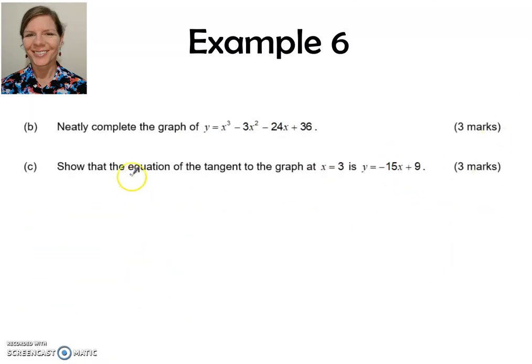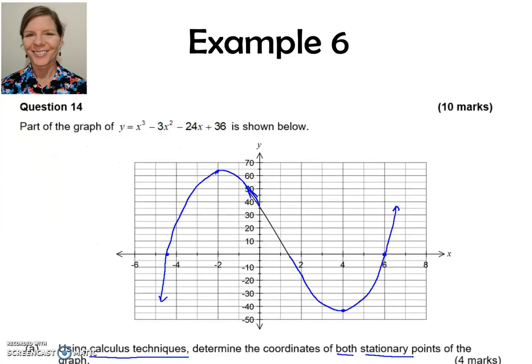Now the last thing says show that the equation of the tangent when x equals 3 is y equals minus 15x plus 9. So what that's saying is when x is 3, we want to know what the tangent is at that point.